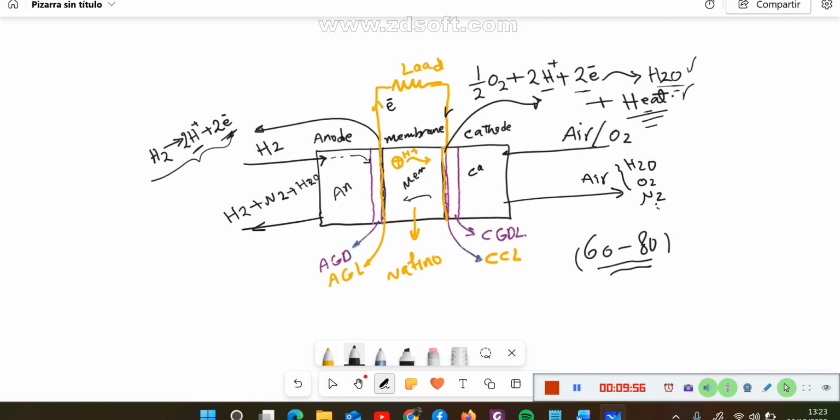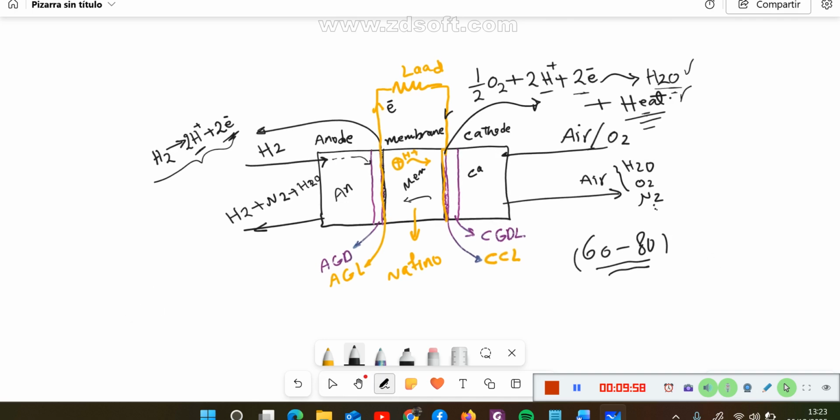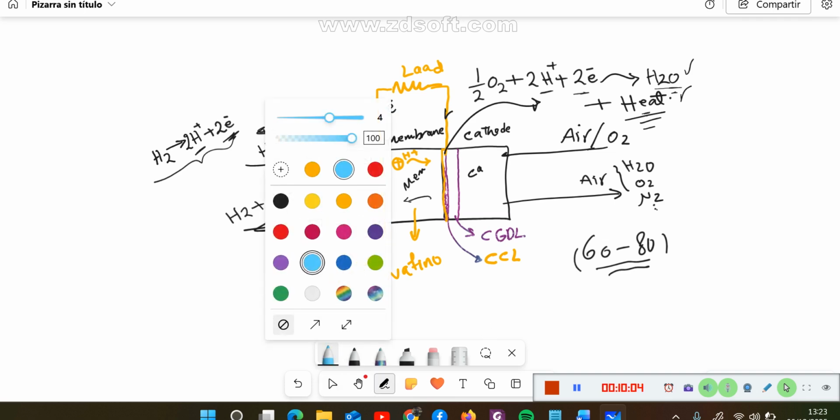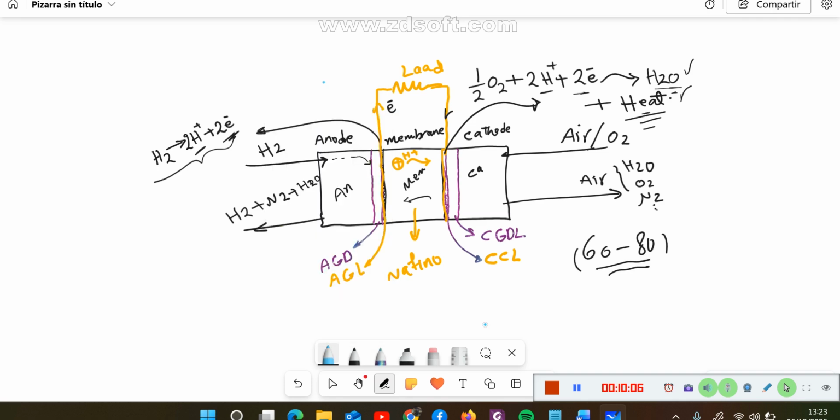As we explained, the reaction is exothermic and generates heat, so we have to control this heat. In a real system, we have a cooling system as well. So let's assume that we have a cooling system. We have some tubes that pass through the cell and cool down the stack.